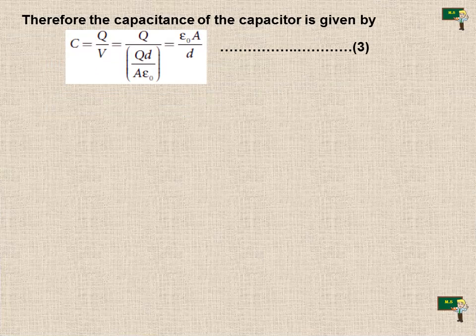So, we take Q by V, and instead of V we put the term QD divided by A epsilon naught using the last equation 2. We cancel Q and Q, and you get A epsilon naught in the upper side and D in the bottom. So C equals epsilon naught A divided by D.